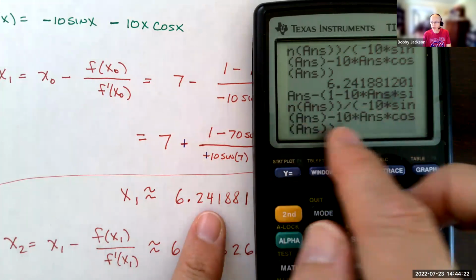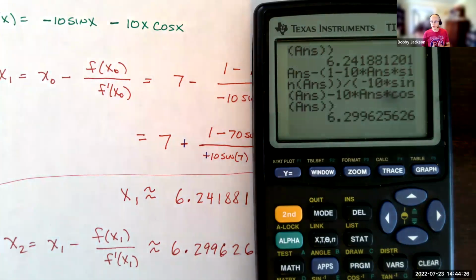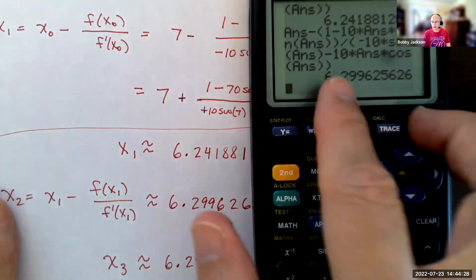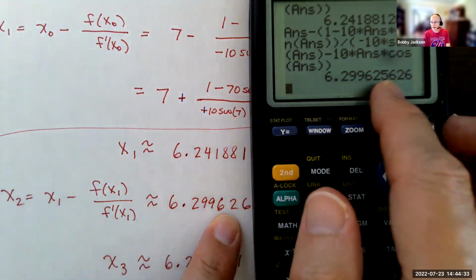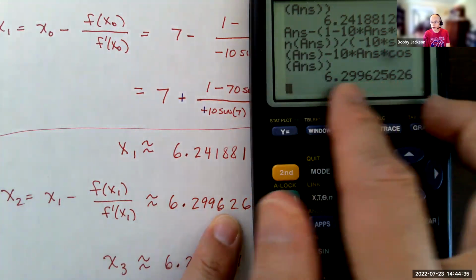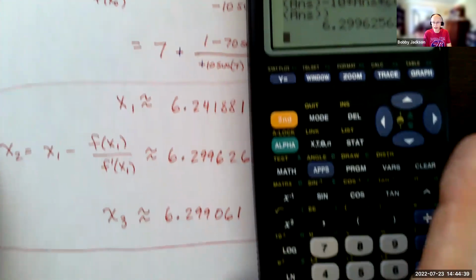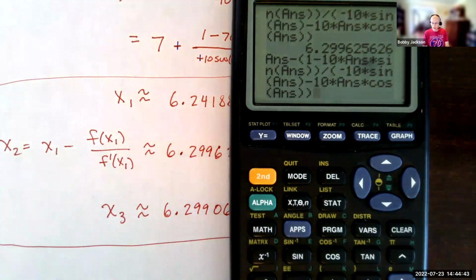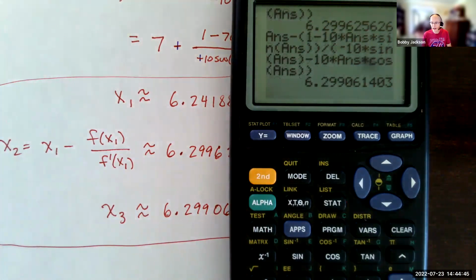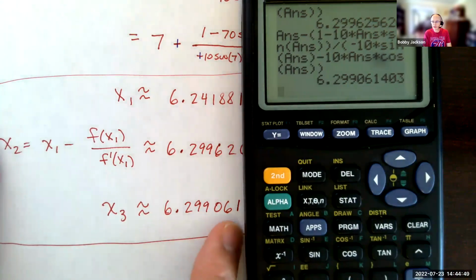It's going to calculate that next iteration, which is 6.29962 and so on. If I'm rounding to 6 decimal places, I round this result, but I'm not going to round it off to get my next estimate, x sub 3. I'll just hit second entry, recopy the command, and voila, I have my x sub 3, which rounded off to 6 decimal places is that.